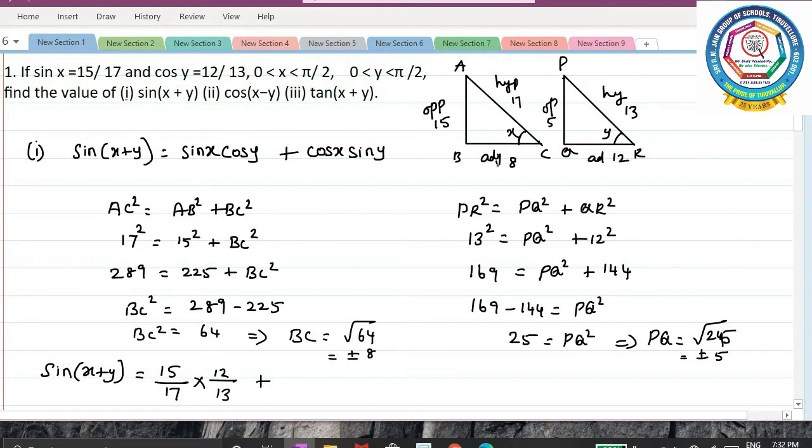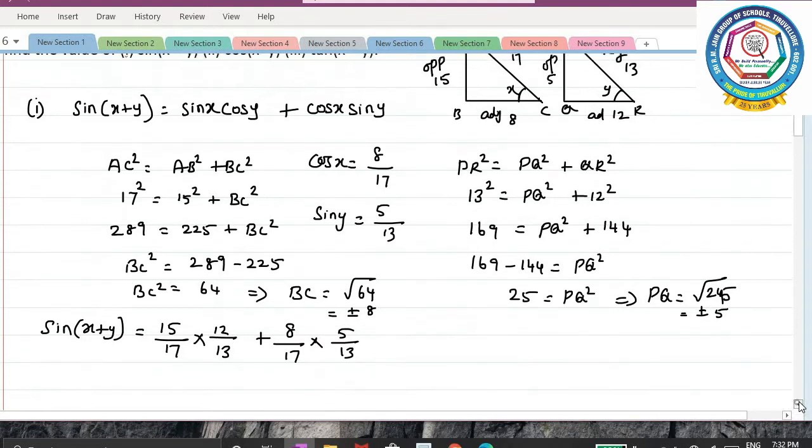Cos x is adjacent side by hypotenuse, so cos x is equal to 8 by 17. Next, sin y is opposite by hypotenuse, opposite 5 by hypotenuse 13. So cos x is 8 by 17 into sin y, which is 5 by 13. We have to simplify this.